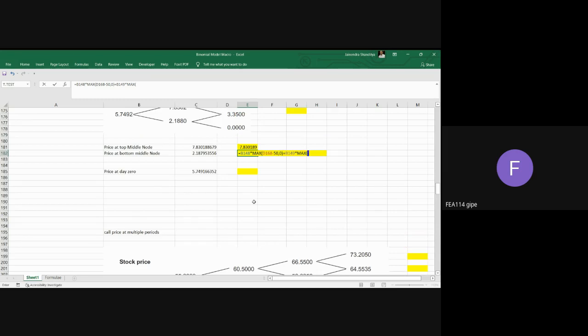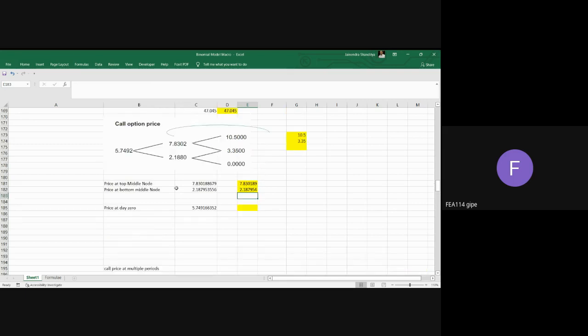In the downside, you have 0 as a price. So 0 minus 50 or 0. You're not going to get any value, but still we'll write it like this. So this becomes 2.18. So the call option price at the middle node is 7.8302 and 2.1880.